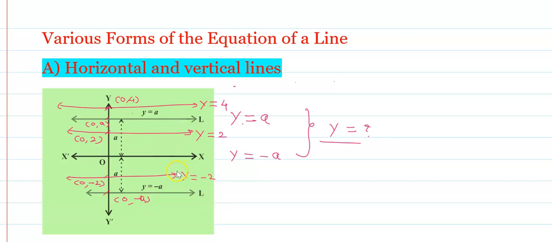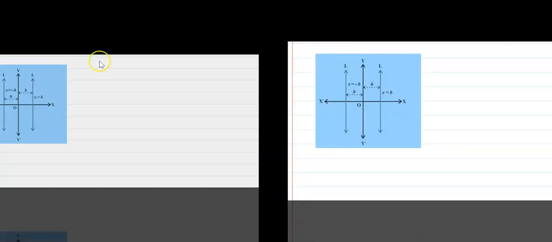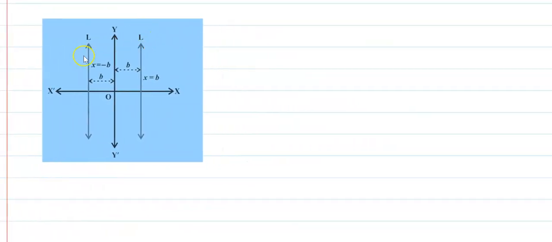Now next we'll see the lines parallel to the y-axis. See this, here the line L, these two lines are parallel to the y-axis. Whenever a line is parallel to the y-axis, its equation is x equals question mark, where it intersects. Now suppose this line intersects at the point (2, 0), then its equation is x equals 2.